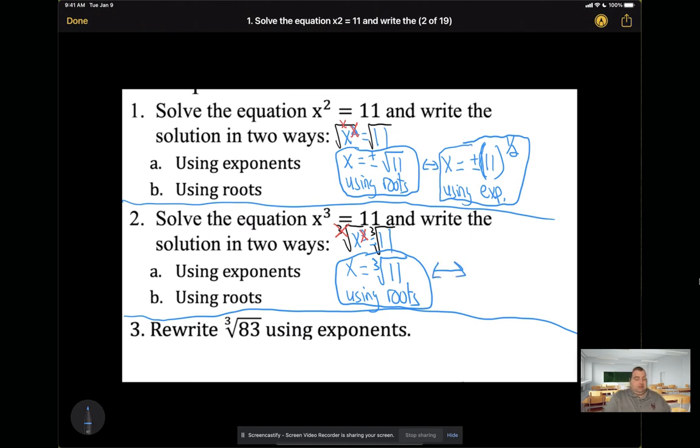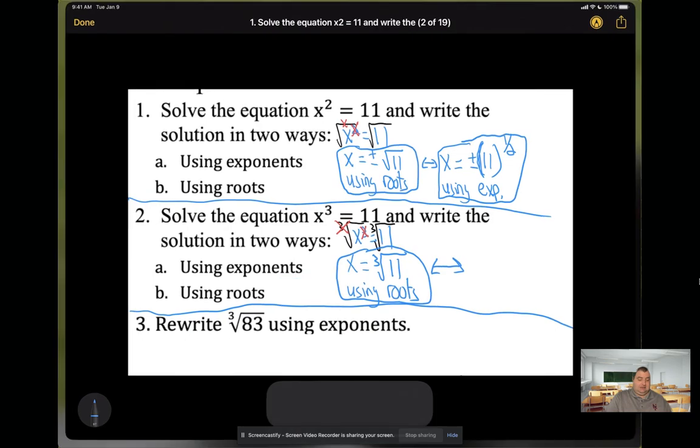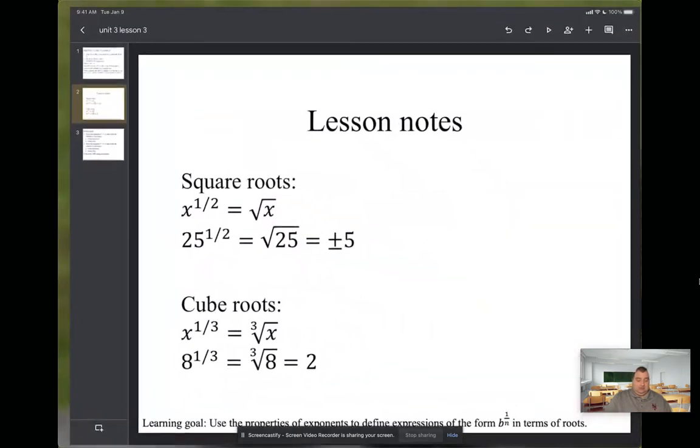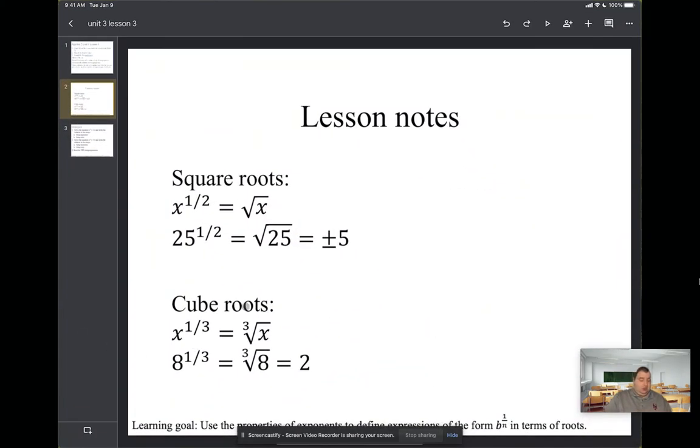And to write the solution using exponents, so to write the solution for part A, I'm simply going to use the fact from my lesson notes that cube rooting a number is the same as taking that number and raising it to the power of 1/3.